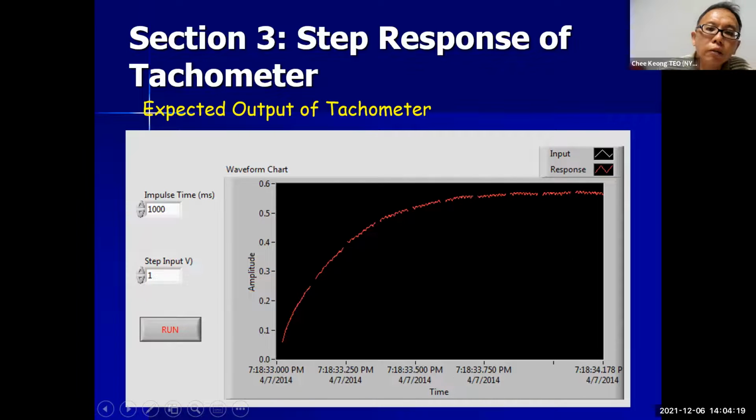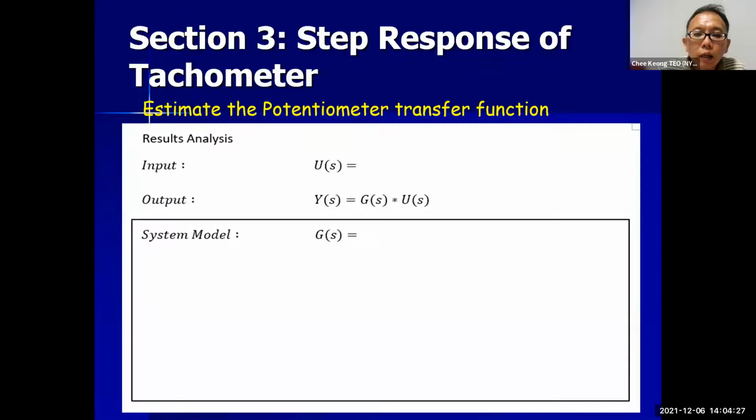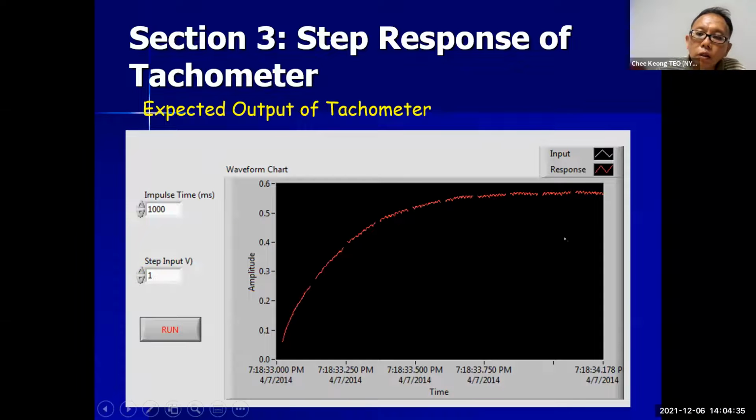Now, for a first order equation, we can model it slightly differently, meaning that we can use the generic equation for the first order. We know that it is characterized by a few things, right? First of all, for a first order equation, you basically need a K. So you have to determine what's the K value here. And then you need a tau here, which is the time taken to hit 63%.